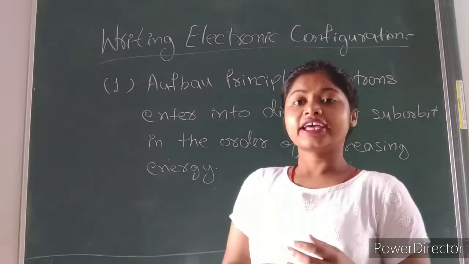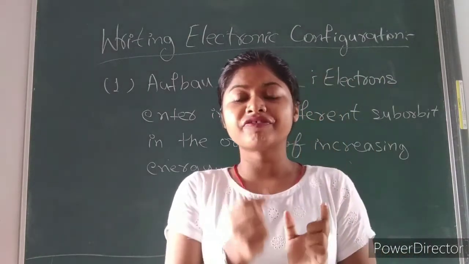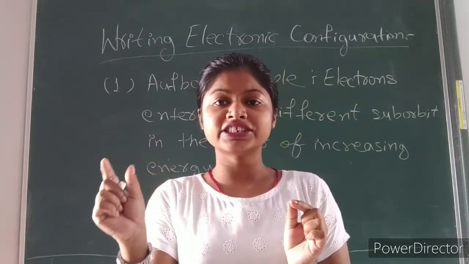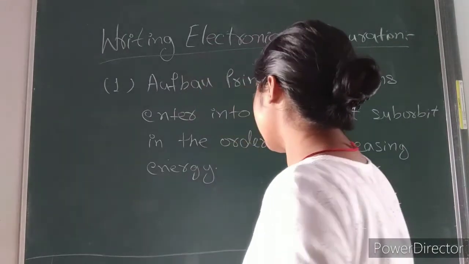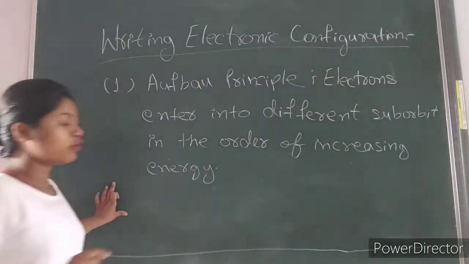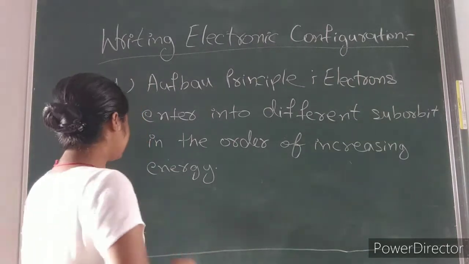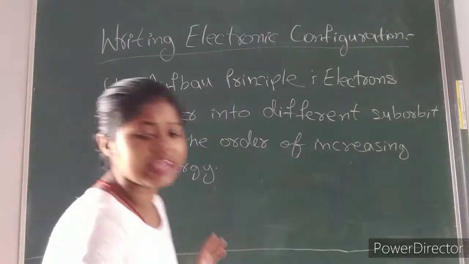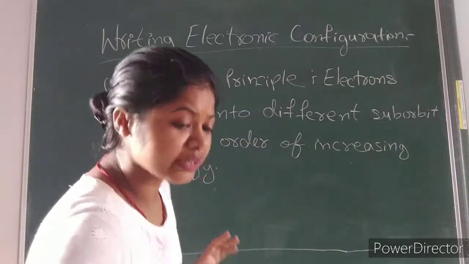It means that if one suborbit has lower energy, then it will get filled with electrons first, and the suborbit with higher energy will fill later. I have already told you about writing the electronic configuration in my previous video. I find it very easy to write and very easy to remember, so you can also follow this.